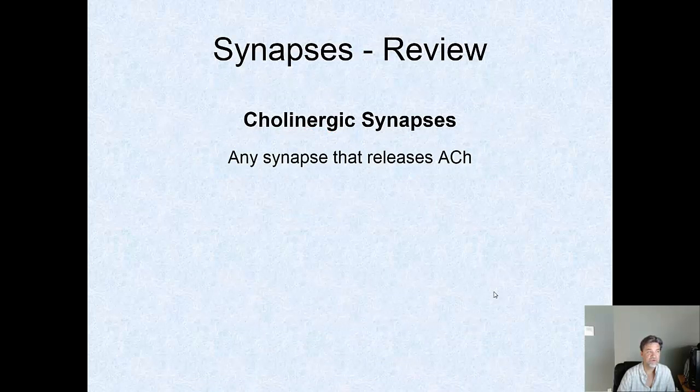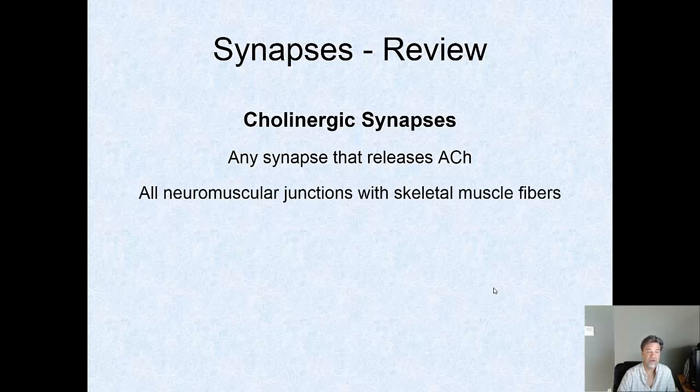Okay, so just to remind you from what happened in the muscles, when we say it's a cholinergic synapse, that means acetylcholine is involved. All neuromuscular junctions, as we mentioned before, utilize acetylcholine, as do several synapses in the central nervous system.